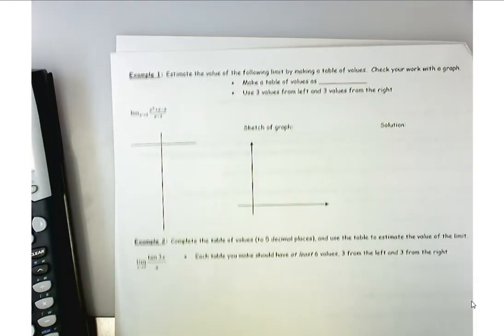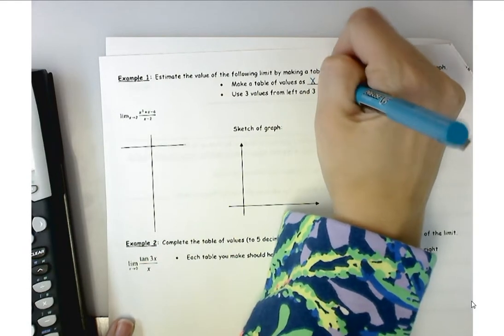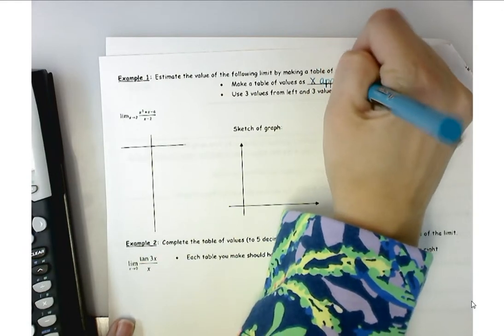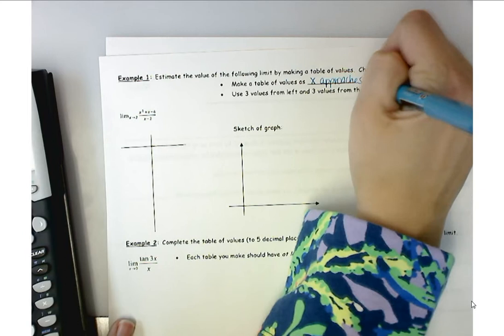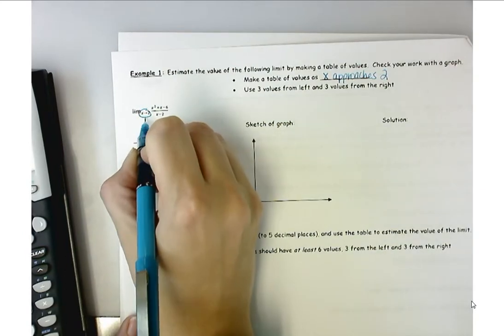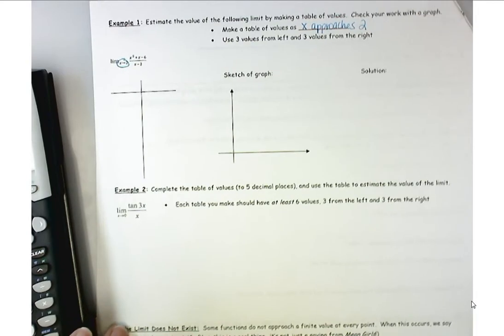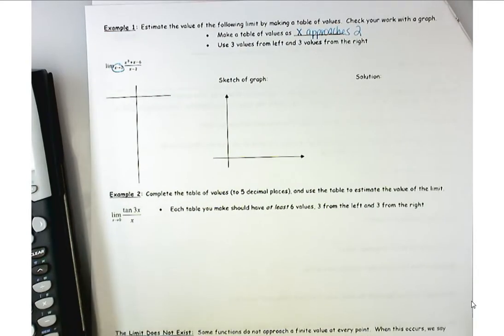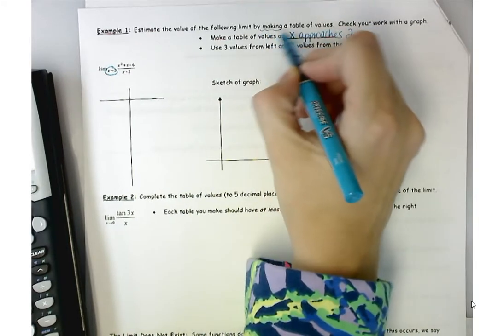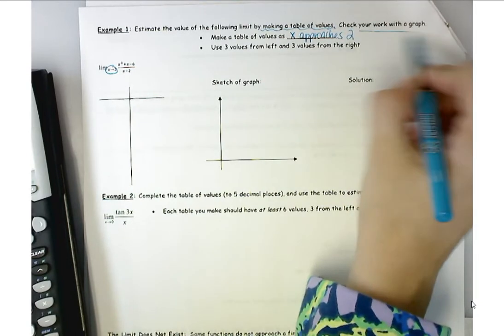Okay, we are going to make a table of values as x approaches 2. Okay, so that's because of this. The limit as x goes to 2 tells us we're going to make a table of values as x approaches 2. We're going to find the value of the limit by making a table of values, and then we're going to check our work with a graph.